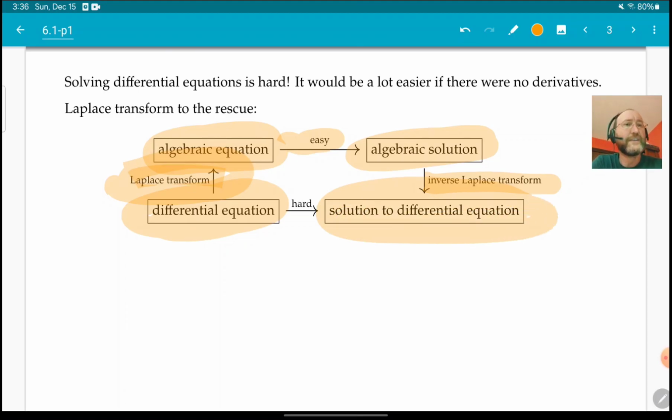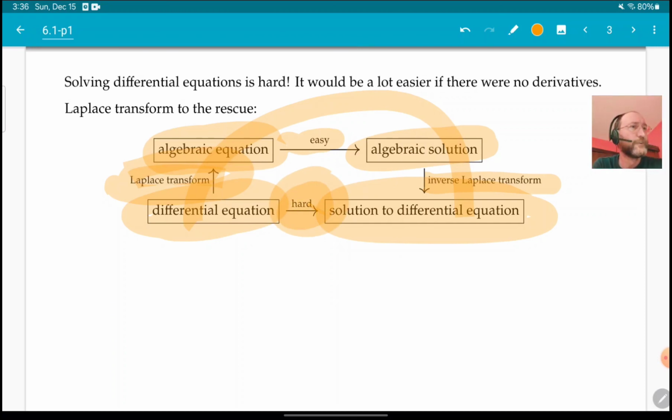So instead of doing this hard bit over here, trying to go directly from the differential equation to the solution of the differential equation, we seem to go a little bit sort of around, right? So do a bunch of stuff, but all of these steps are actually relatively easy compared to the hard bit over here, or sometimes.